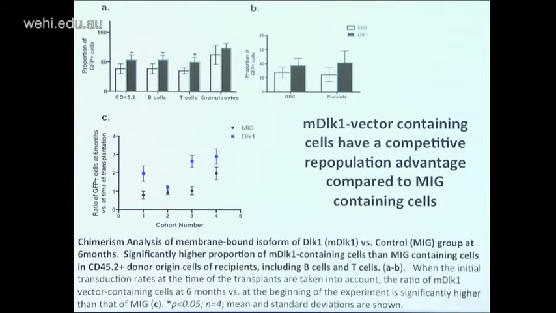And when you look at the mDLK1 vector, the difference is a bit more, in that even without taking into account the initial rate of transduction, you can see it's still significantly higher for the mDLK1 group versus the MIG group. The difference here is bigger as well. So the mDLK1 vector containing cells also seem to have a competitive advantage compared to the MIG containing cells.